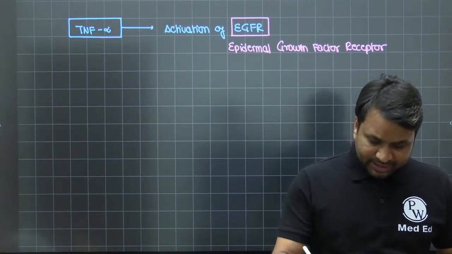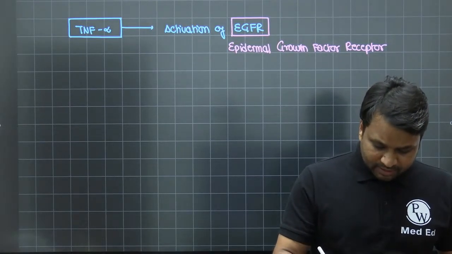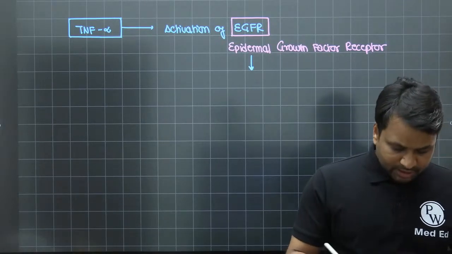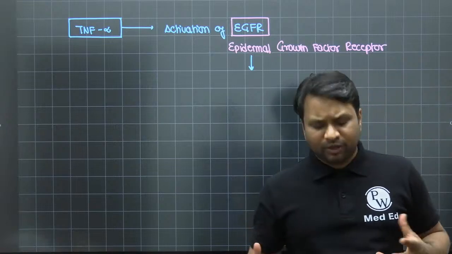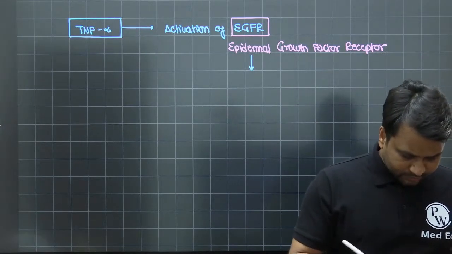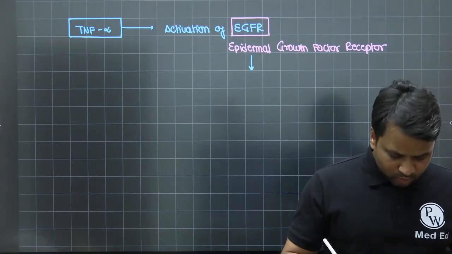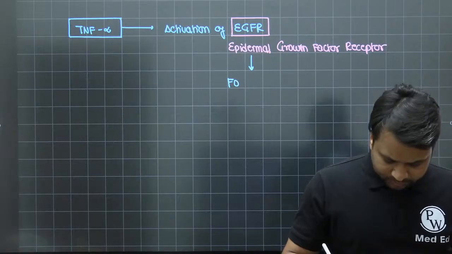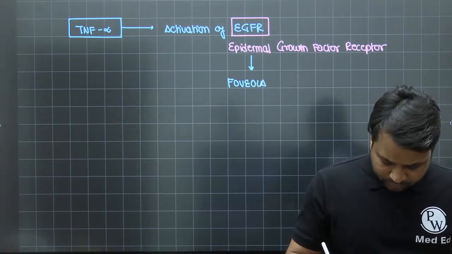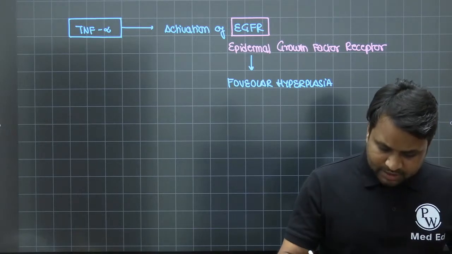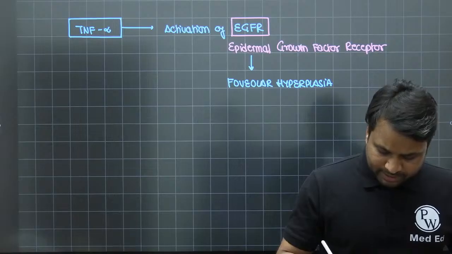Now this EGFR, when it gets activated, will result in excessive proliferation of cells, which we call the foveolar cells, right? This is going to lead to foveolar hyperplasia.